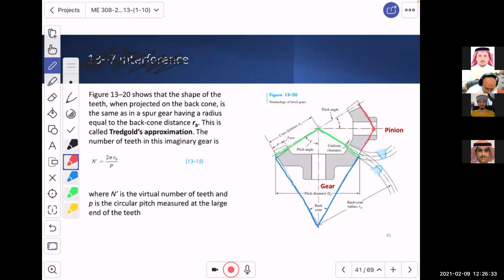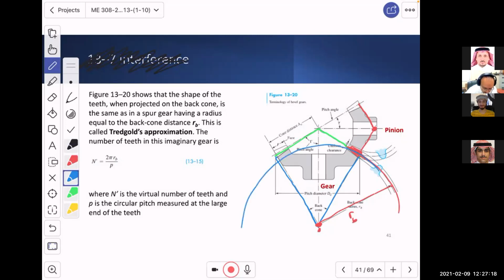And if you think of that apex point over there, where the cone meets at the peak, and you look here at the location of the teeth, and you assume that there is a circle with a radius starting from the apex of the back cone until the point where the teeth are engaging, then you will end up with some sort of a disc over here.